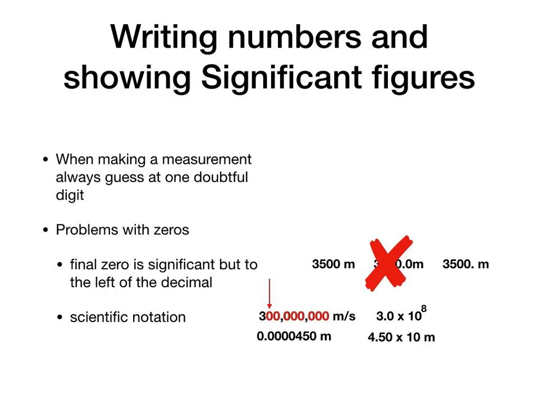For the power of 10, you just count how many places you had to move the decimal point to get it there. In this case, you had to move it to the right 5 places, so that one would be 4.50 times 10 to the negative 5th. And notice that the trailing 0, the last digit of the number, is still to the right of the decimal point. So the last digit is a 0 and is to the right of the decimal point. It shows that all those digits are significant.